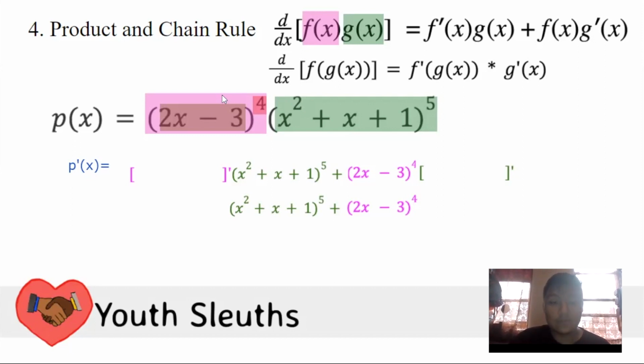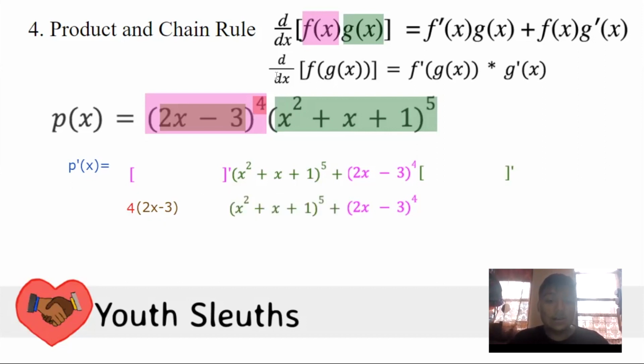So we start off by multiplying 4, and then if we remember the chain rule, the g of x remains unchanged, so we have 2x minus 3.